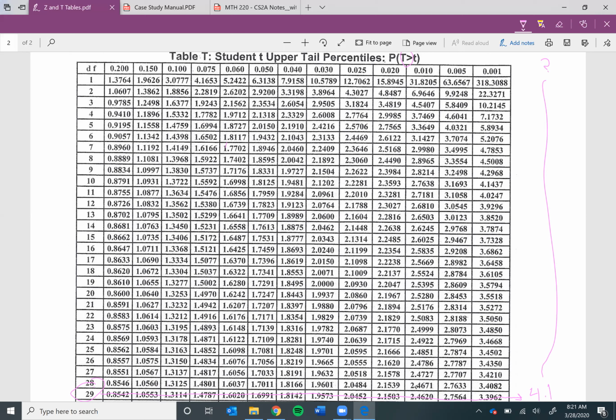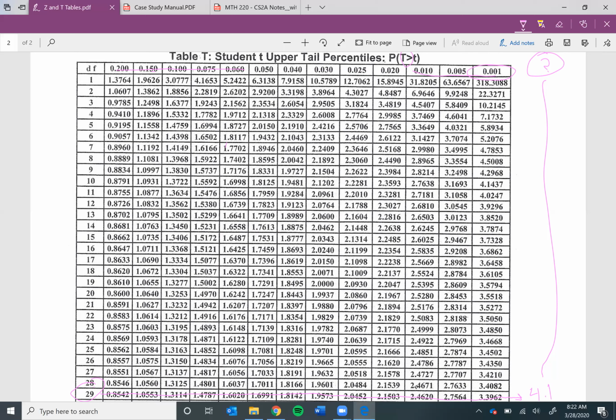But if we look along the top, starting on this end, we notice 0.2, 0.15, 0.1, 0.07. Do you notice that these numbers are getting bigger or smaller? They're getting smaller. By the time we get out here, I don't know exactly what number is going to go there, but based on this chart, I know the probability I'm looking for is going to be smaller than 0.001.